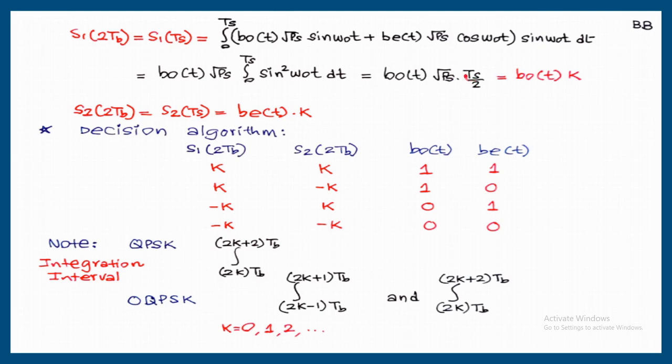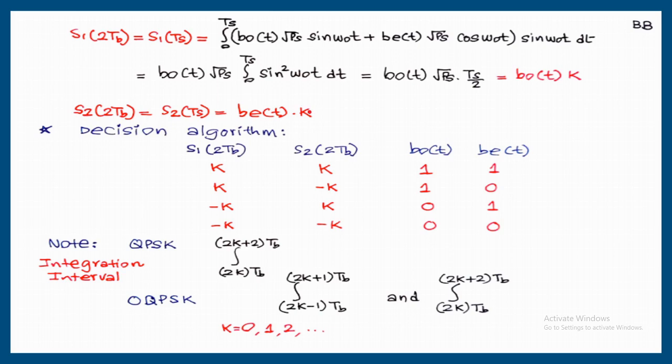This is constant, this is also constant, that is, it is written b_o into constant K. Similarly, in the next multiplication, the signal is multiplied with cos instead of sine. Once the cos is multiplied, the first part will become 0 and we will get only the second part. That is b_e into root Ps into the integral of cos square omega 0 t dt, that is again root Ps into Ts by 2. That is written here, b_e into a constant K.